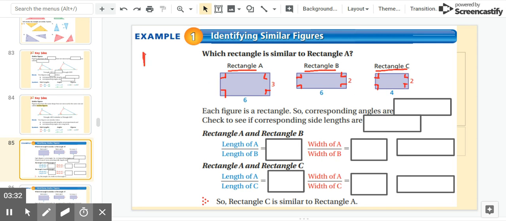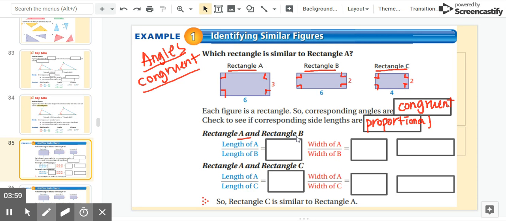So the angles are congruent, we don't need to worry about it. They can be similar if the side lengths are proportional. Each figure is a rectangle, so corresponding angles are congruent. We need to check if the side lengths are proportional.